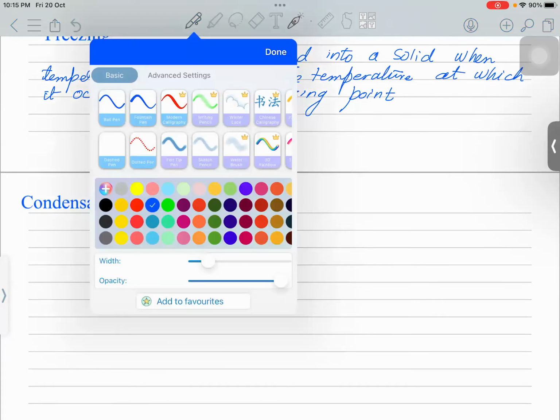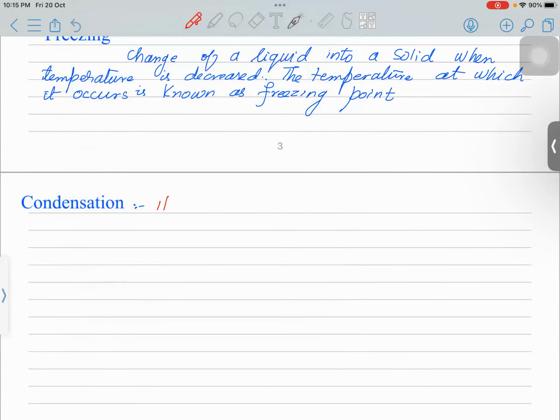So condensation, it is the change of state. It is the change of a gas into a liquid.